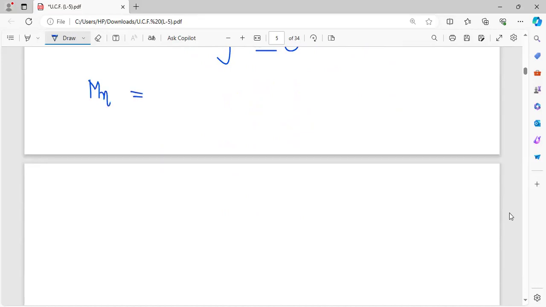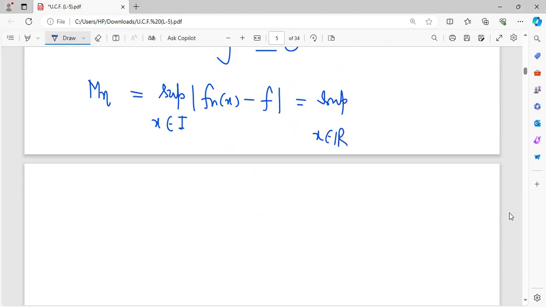Mn is equal to the supremum over x belonging to I of |fn(x) minus f(x)|, but f is 0, so it is nothing but the supremum over x belonging to R, since I is R, of nx upon 1 plus n square x square. Now we have to find the maximum of this function.